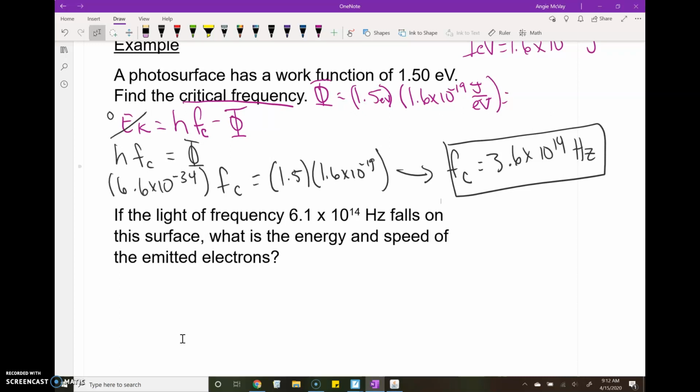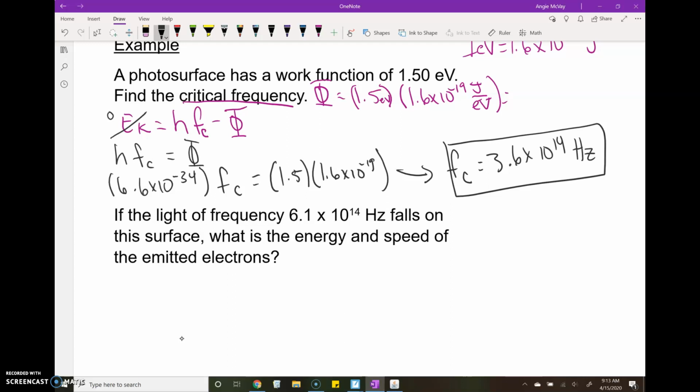The first thing we want to do is actually check, because sometimes these are trick questions, and the frequency they're giving us is lower than the critical frequency. If the frequency of light is lower than the critical frequency, the energy of the emitted electrons is 0, and your answer is that no electrons were emitted because the light didn't have a high enough frequency for this material.